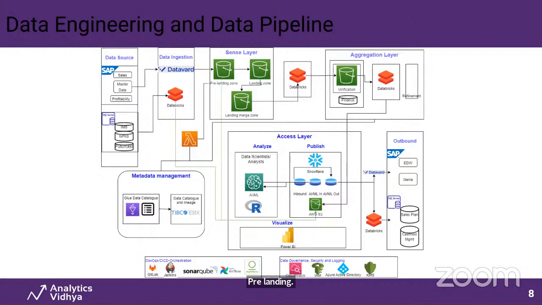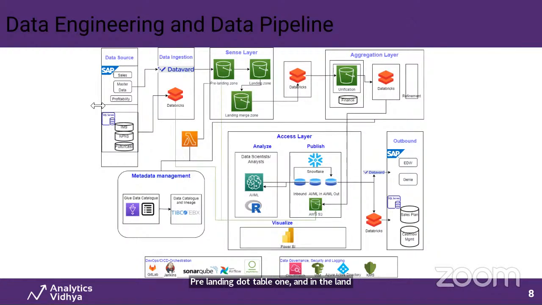Let's consider this pre-landing zone as a database again, with these as the schema. Pre-landing is a schema as in traditional data warehousing, and we refer to the table in the pre-landing zone as pre-landing dot table one.